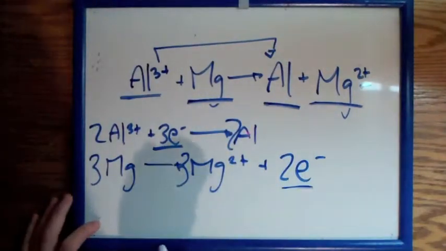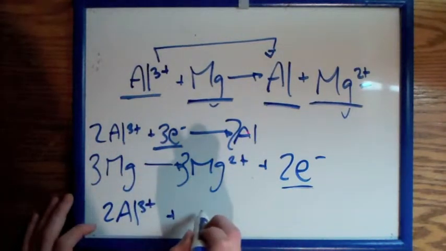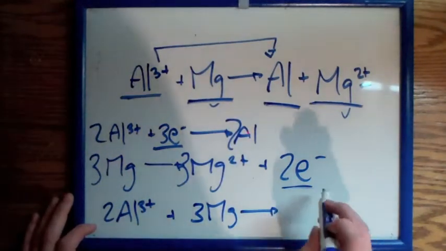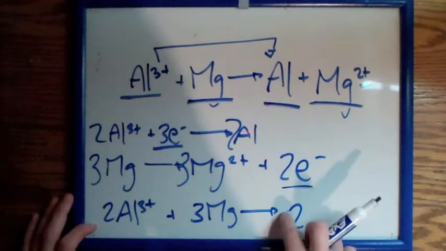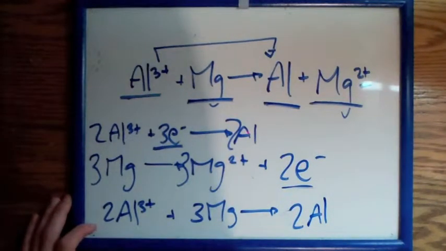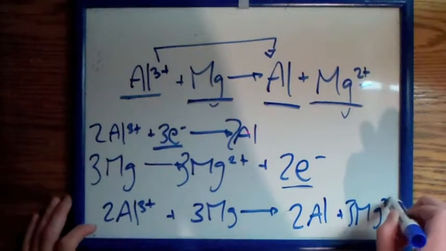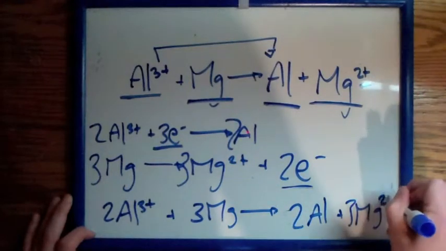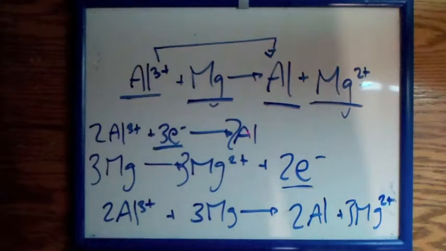So our new equation is 2 aluminum ions plus 6 electrons yields 2 aluminum atoms, and for the magnesium oxidation equation, 3 magnesium atoms yields 3 magnesium ions plus 6 electrons. And so now this is our final equation right there.